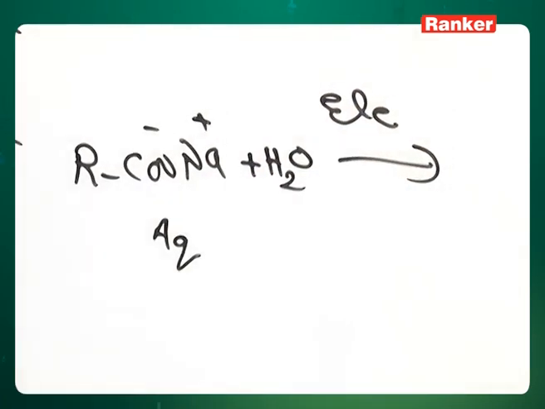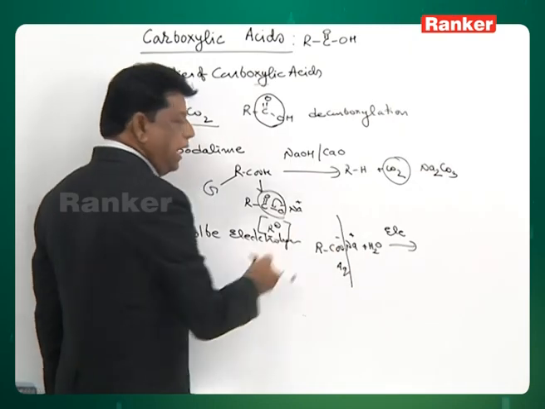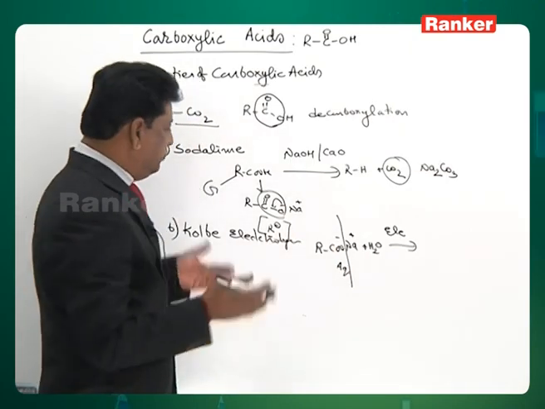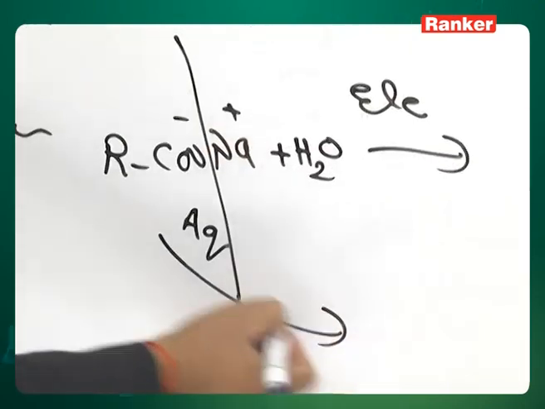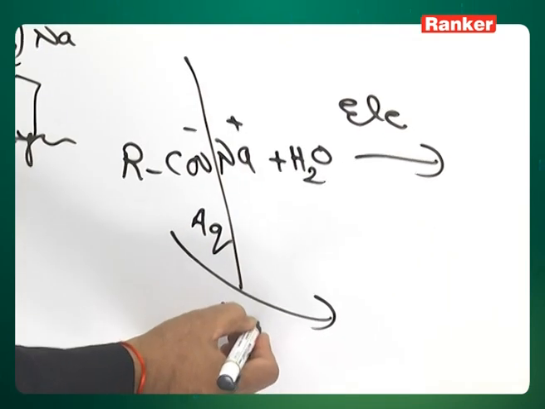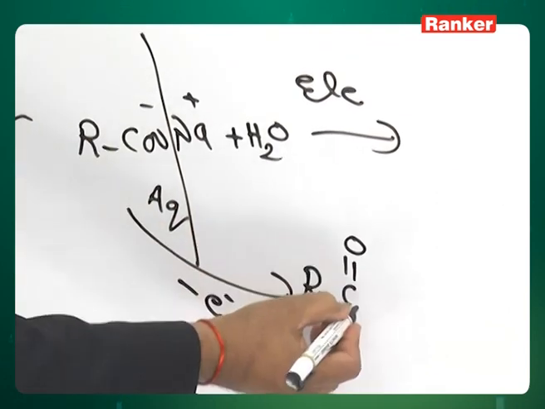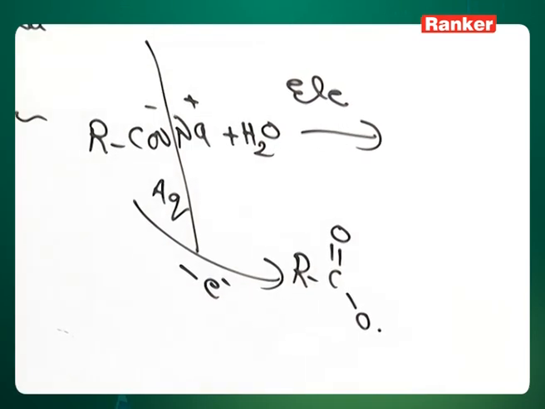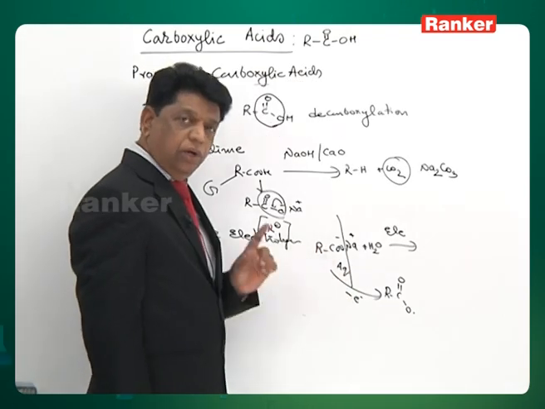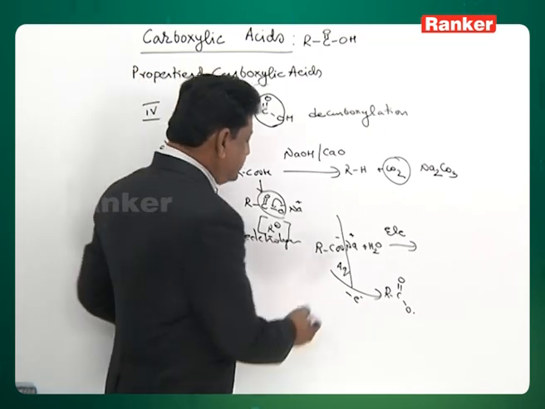When you electrolyze it, the anion goes to the anode and undergoes a loss of electrons, right. So, the RCOO minus will first become a radical. So, the anion becoming a radical means loss of electrons, this is called oxidation.